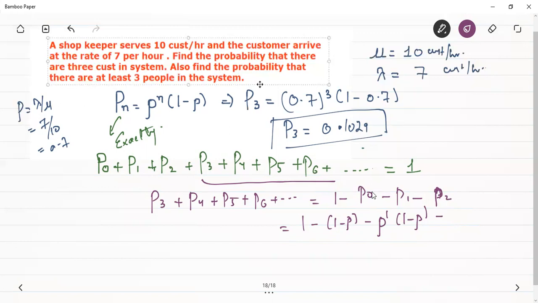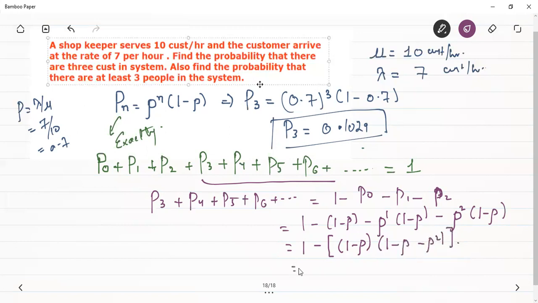This is the probability that there are 0 customers in the system, that is given by 1 minus rho. Probability that there is 1 customer in the system is given by rho times 1 minus rho. Probability that there are 2 customers in the system, rho raised power 2 times 1 minus rho. ठीक है, सो यहाँ पे क्या होगा, 1 minus, यहाँ पे आप देख सकते हैं 1 minus rho common आ जाएगा, isn't it? So in brackets we will have 1 minus rho square.